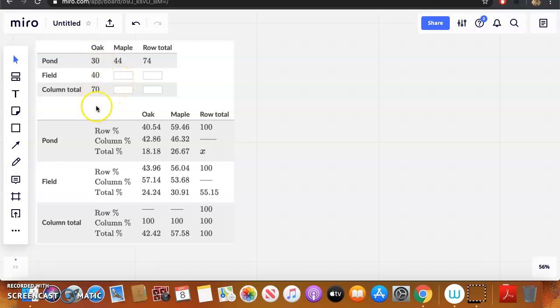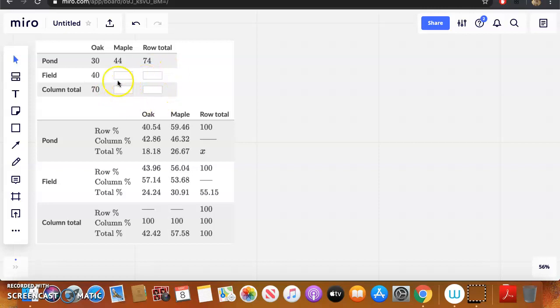We have the numbers for the oak, all the figures for the oak, and we have figures for the pond. What we're missing are the figures for the maple trees in the field and the column total, and also the field and column total for the rows and the columns. Okay, so these totals here.